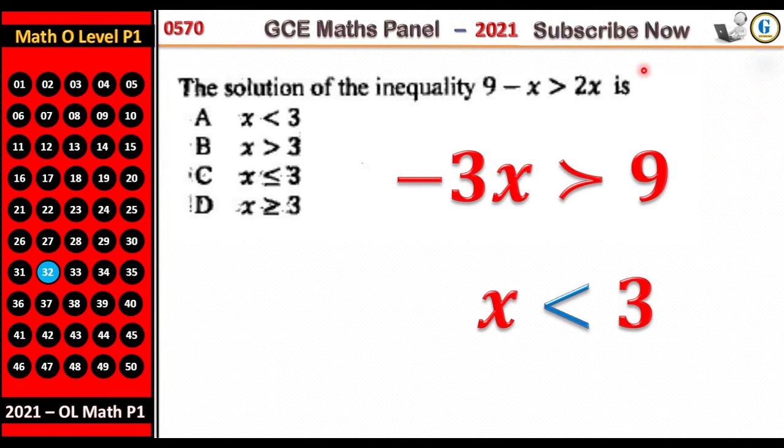Note that it is minus 9 here. Therefore x will be strictly less than 3. Note that when you divide both sides of an inequality by a negative number, the sign reverses. So our key here is A.